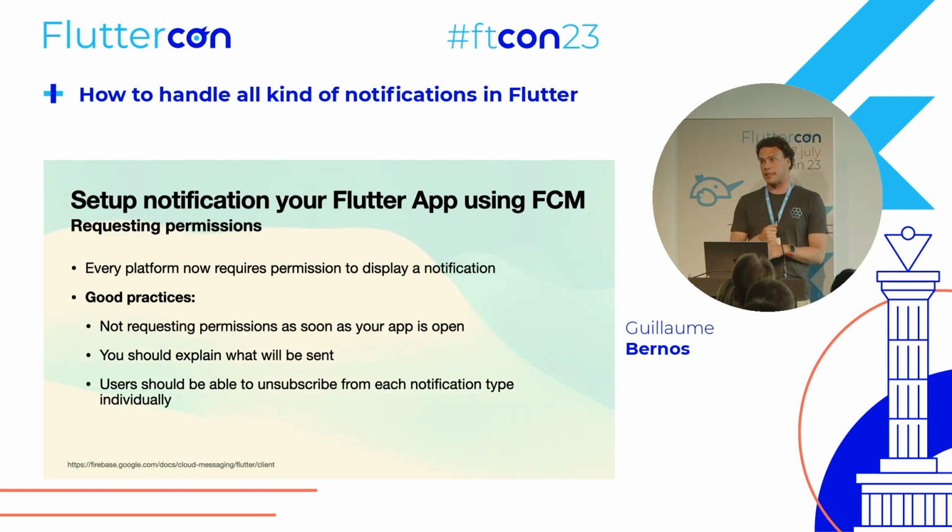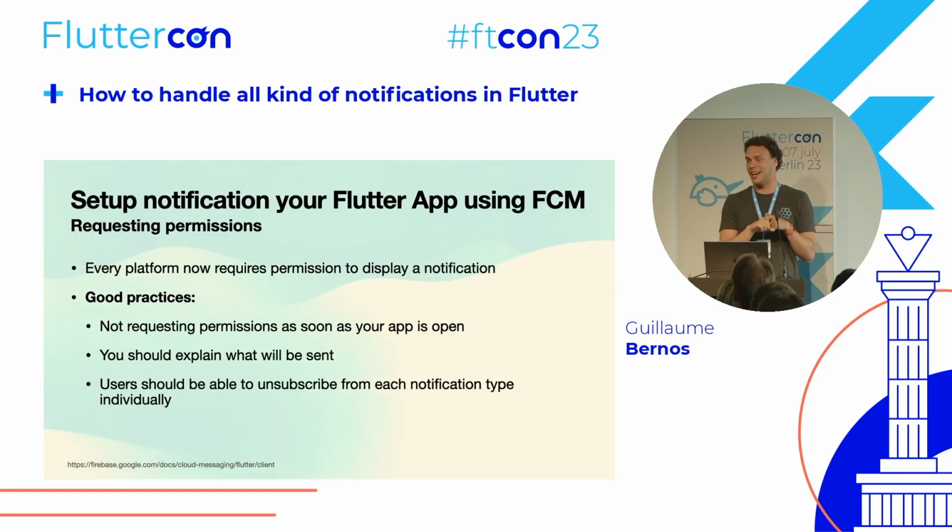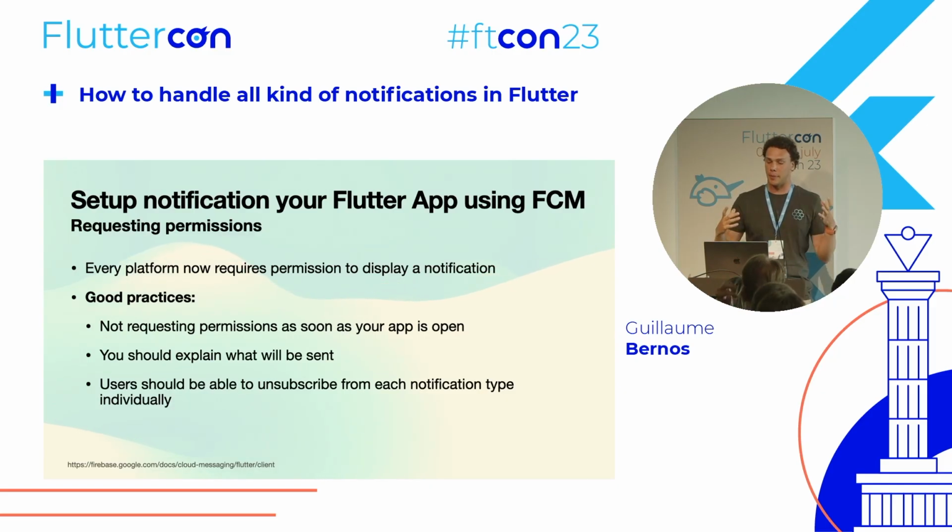So a good practice is not requesting permission as soon as your app is open, and especially when your app is first opened, because if someone just opened your app for the first time, and you ask them to accept notifications, they will probably choose decline, because they don't know what you are going to send. So probably explain which notifications will be sent, and always provide a path for the user to unsubscribe from each notification type.